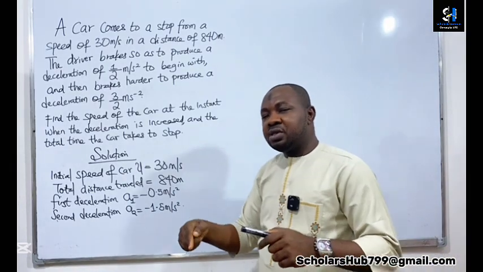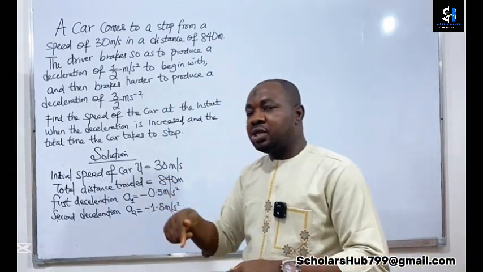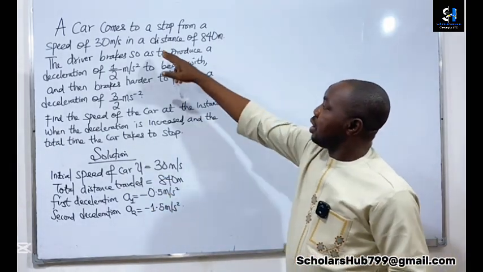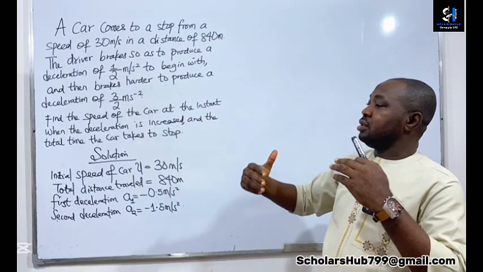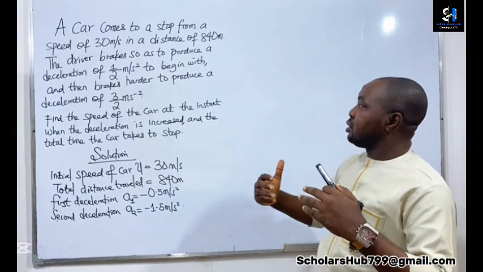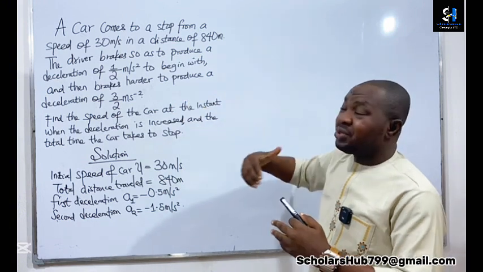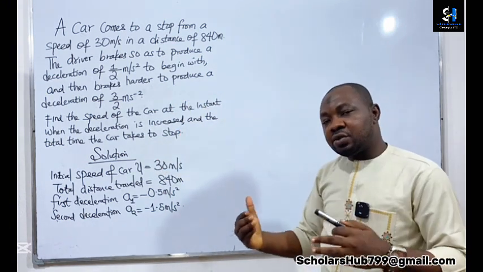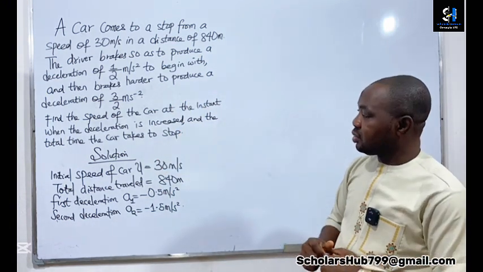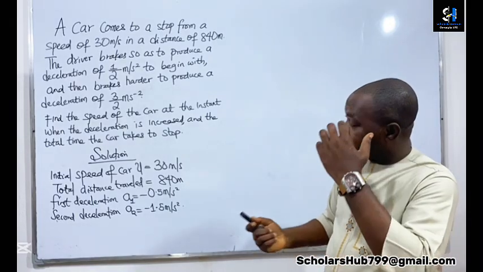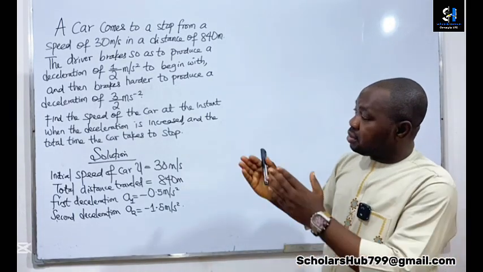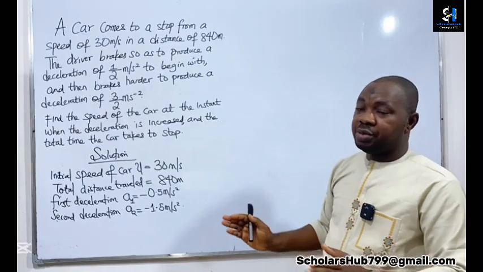Now the final speed during the second phase will be 0, because that is when the deceleration changes. As the deceleration changes, the final speed during the second phase has to be equal to 0.